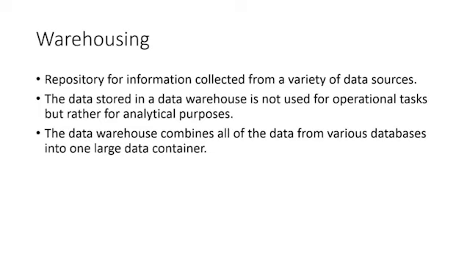So the data warehouse combines all of the data from various databases into one large container. Physically there's lots, but it looks like one big container of data. Got a big 55-gallon drum of data, right? That's warehousing. And that data comes from everywhere. Logs, web browsing history, purchasing history, right?